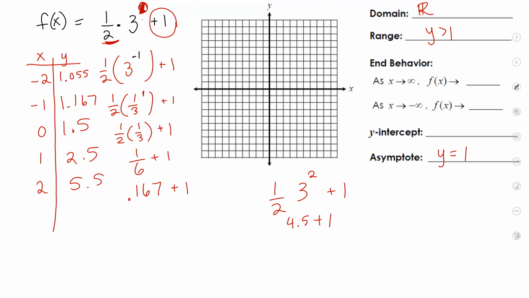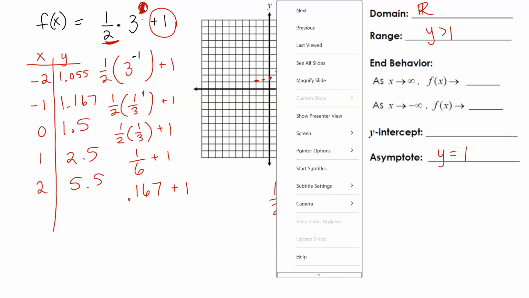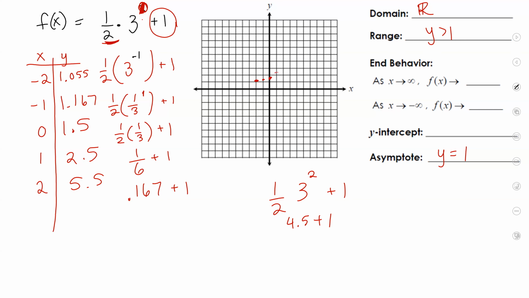All right, so let's graph this. At -2, I'm very close to 1. I'm like right there. At -1, I'm also very close to 1. 0, 1.5. Okay, 1, 2.5. 2, 5.5.